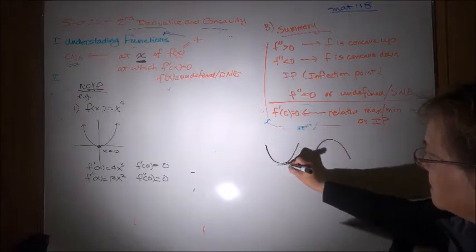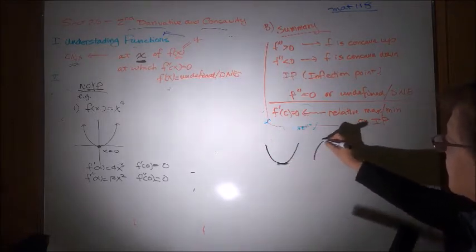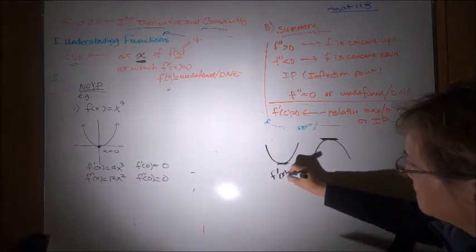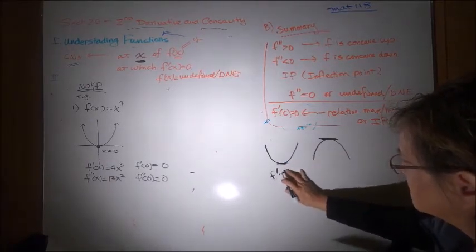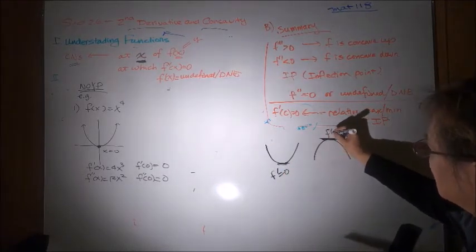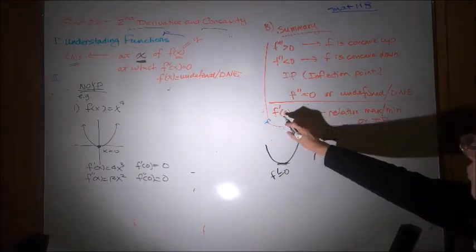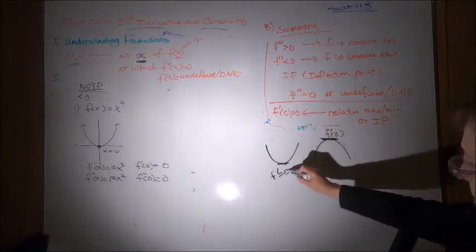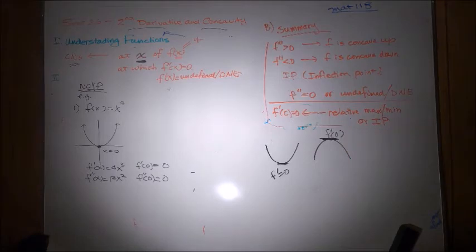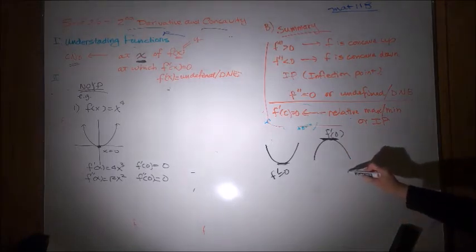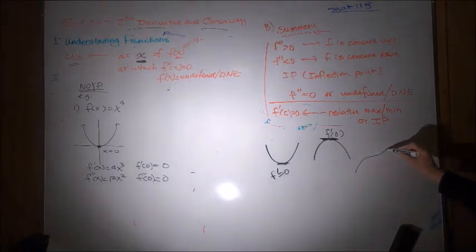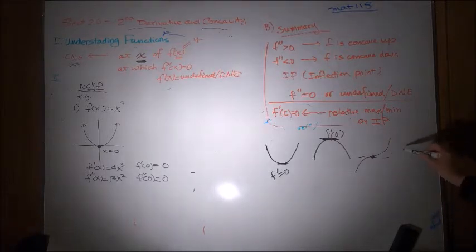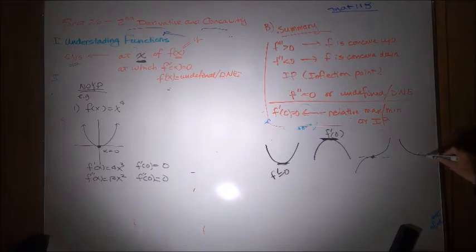So the rate of change at this point, this f prime at this point is what? Is 0. So when f prime is 0, it's a relative minima or maxima, right? Or we have this situation, so your IP point, or we have this one.